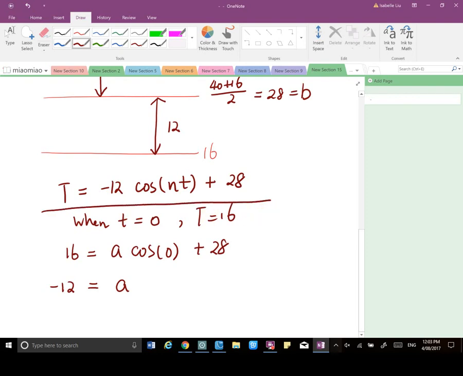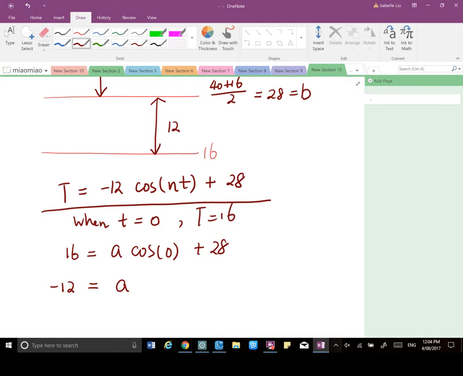So the point I want to make here is the amplitude is not the A. It can be the negative of A, or the positive of A. So for A, you have a question mark here. You need to know either a maximum point or a minimum point to help you work out the A value. If I give you a graph and ask you to find the equation, you can see the amplitude really easily, but you can't just use that as your A value.